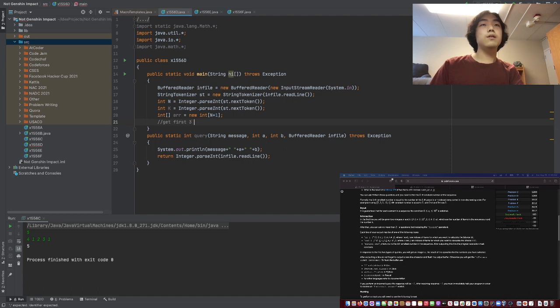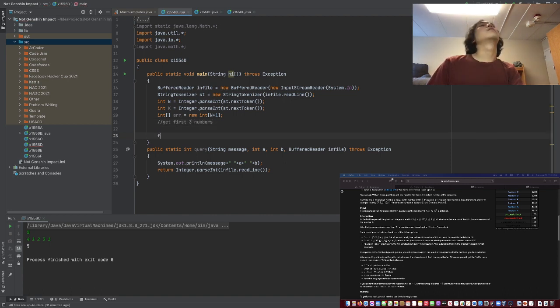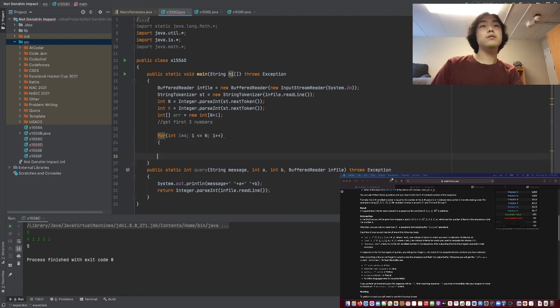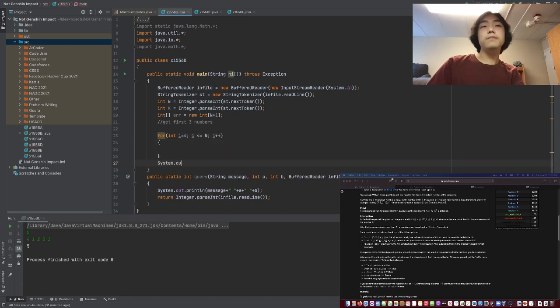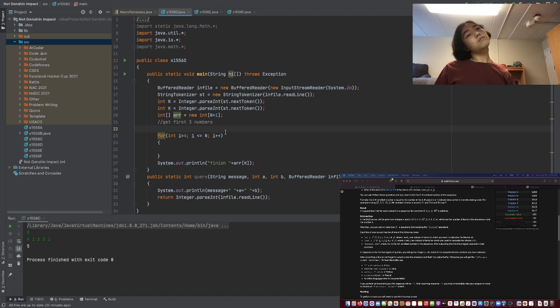Get first 3 numbers. For int i equals 4, i less than n, i plus plus, and then finish plus array at k. Get first 3 numbers a, b, c.